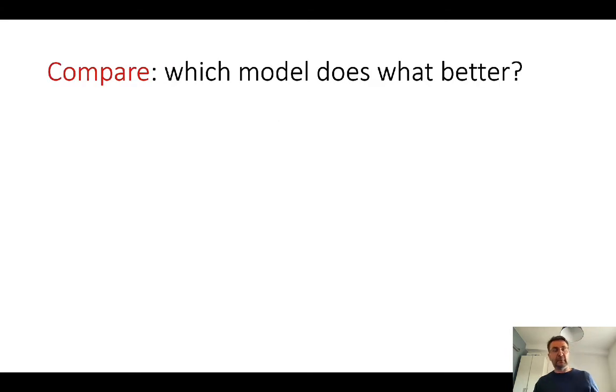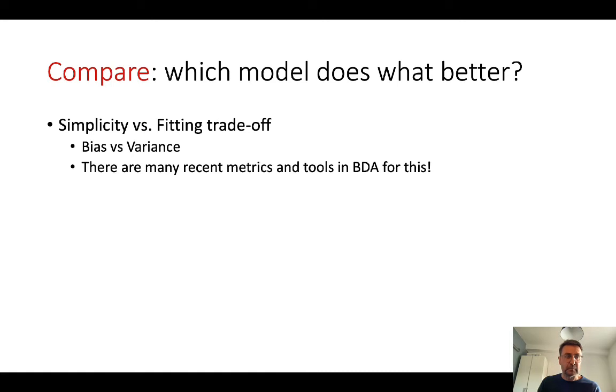And then when you go through these 3 steps for one model and later for another model, at some point you want to compare these models to see, should we have a third model, or which one of these do we prefer, and so on. So basically this comes down to some kind of simplicity versus accuracy or fittingness trade-off.